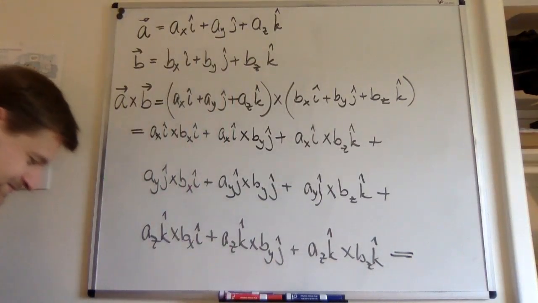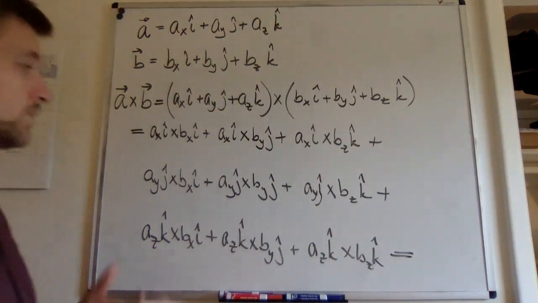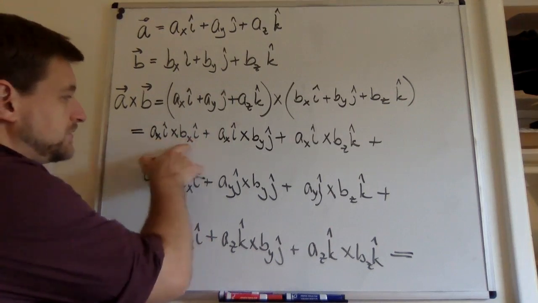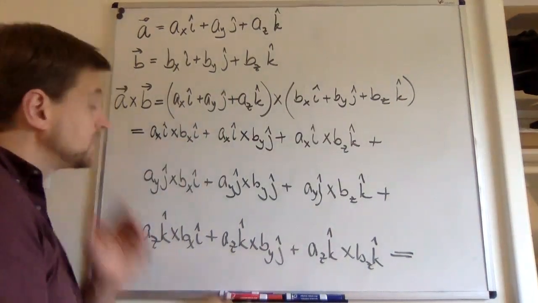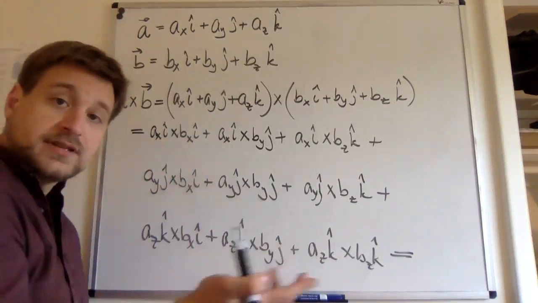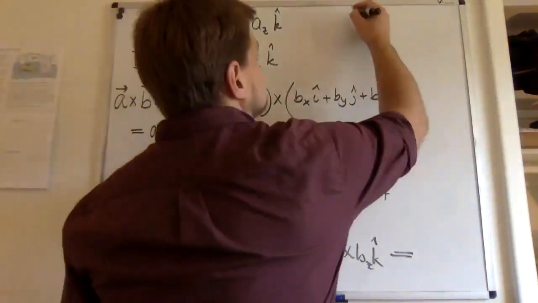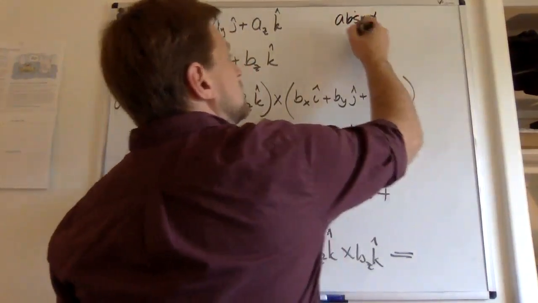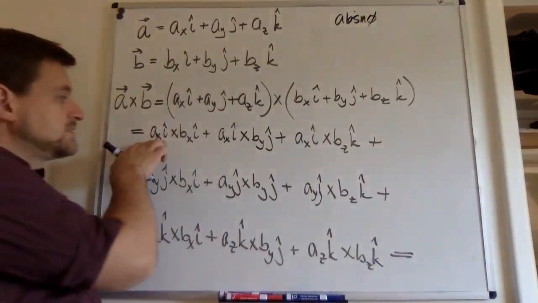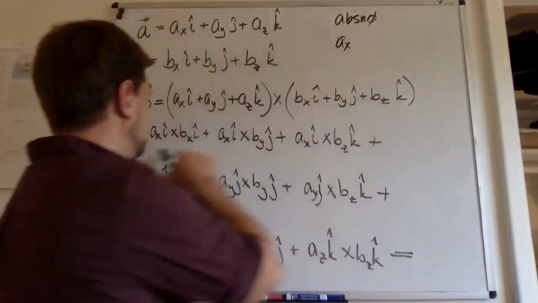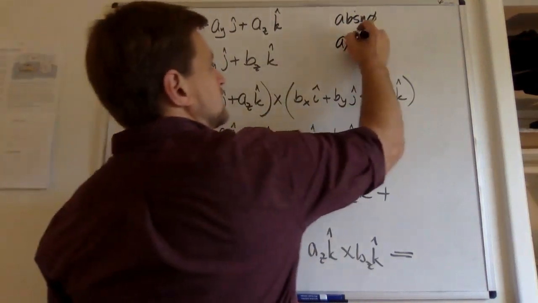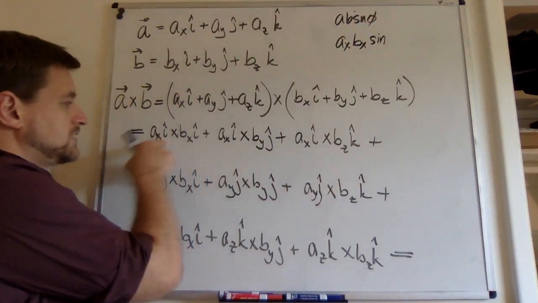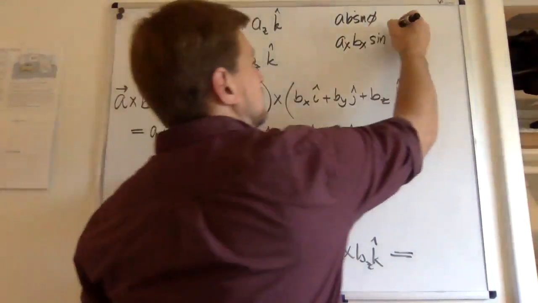All right. One thing we didn't talk about: what happens if we are finding the cross product of two pieces that are in the same direction? AB sine phi. The magnitude of the first piece is AX. The magnitude of the second piece is BX. The angle between the X direction and the X direction is 0.